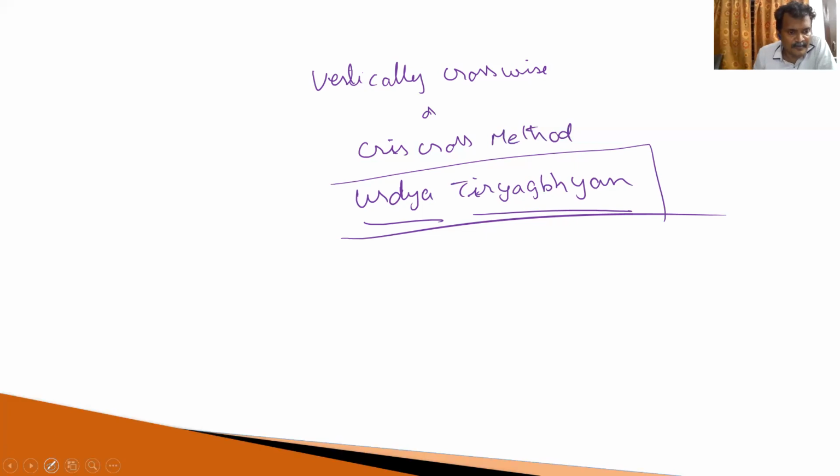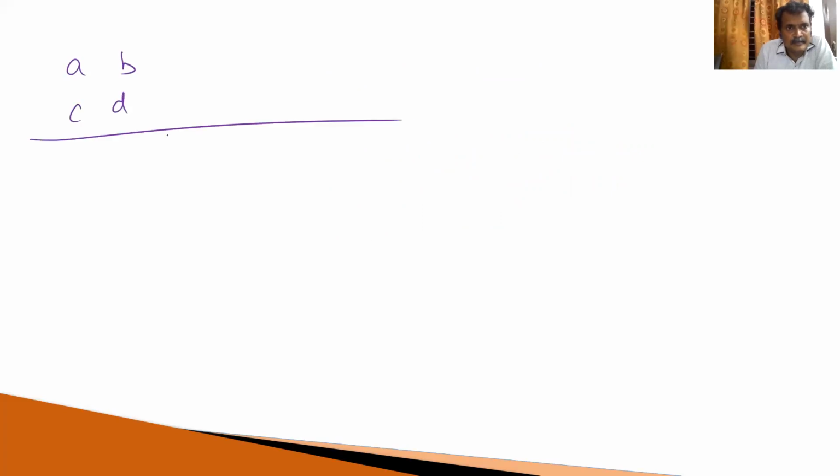Now, how to solve multiplication using this technique? Vertically, that is the straight. Crosswise. Suppose you multiply AB into CD, a two-digit number.